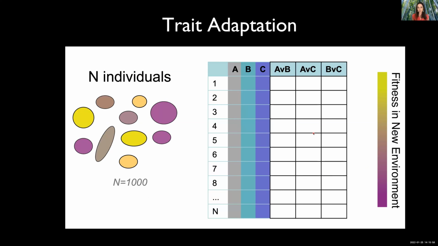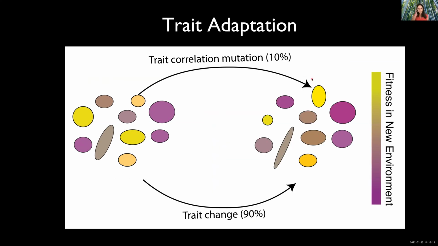So just briefly, we start with a bunch of individuals, 1,000 individuals. We have a bunch of traits. Each individual gets a set of traits and a set of correlations between the traits. Then at each time step, the majority of the population is going to experience a single trait change, and then the rest of the traits are updated according to the trait correlation.